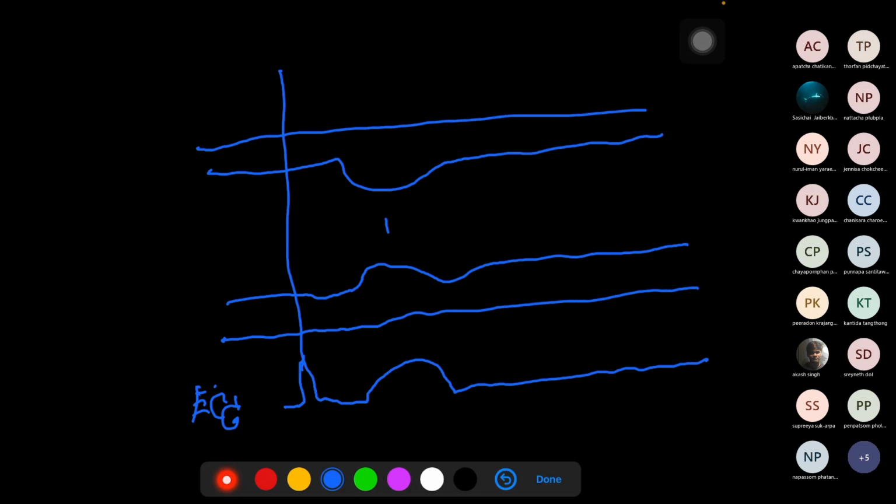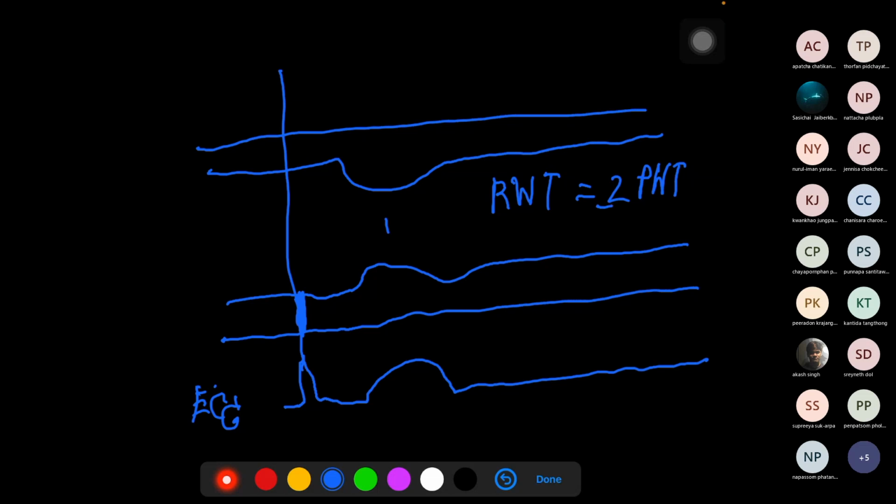During the diastole, you calculate RWT, relative wall thickness. You measure this one and double the posterior wall thickness. Measure this one, multiply by 2.